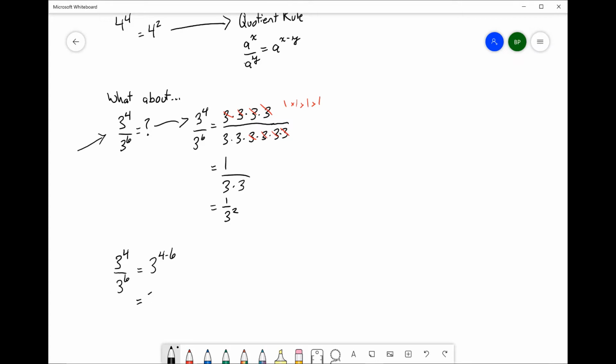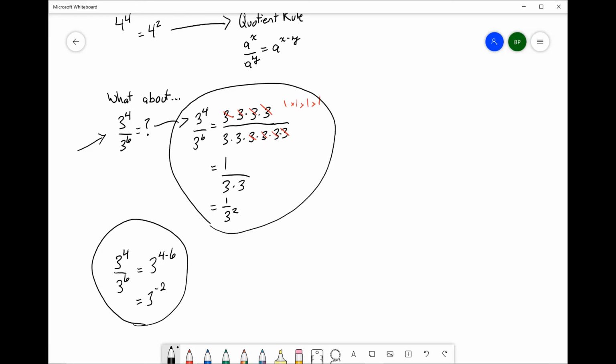Well, what is 4 minus 6? That's a negative number this time. It's negative 2. So our quotient rule, which we've applied here, and expanding, which we know from previous grades, tells us that we can come to the solution 1 over 3 squared.